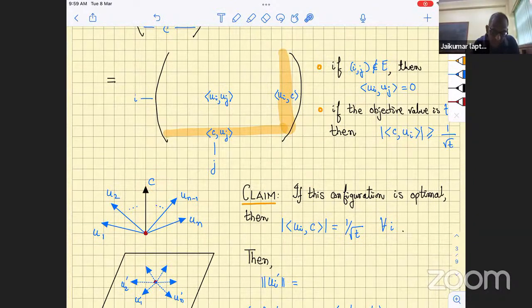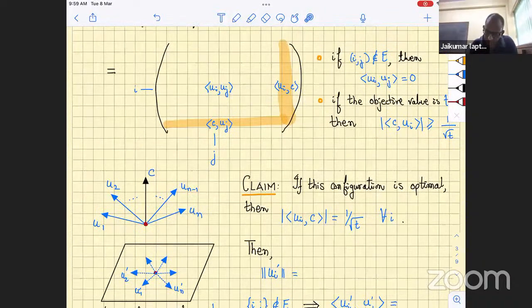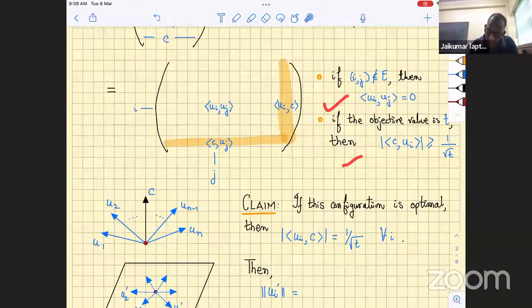All these are unit vectors. Is this clear? I'm just saying the same thing. Somebody has computed the best orthogonal representation and given it to us, then such a situation must arise.